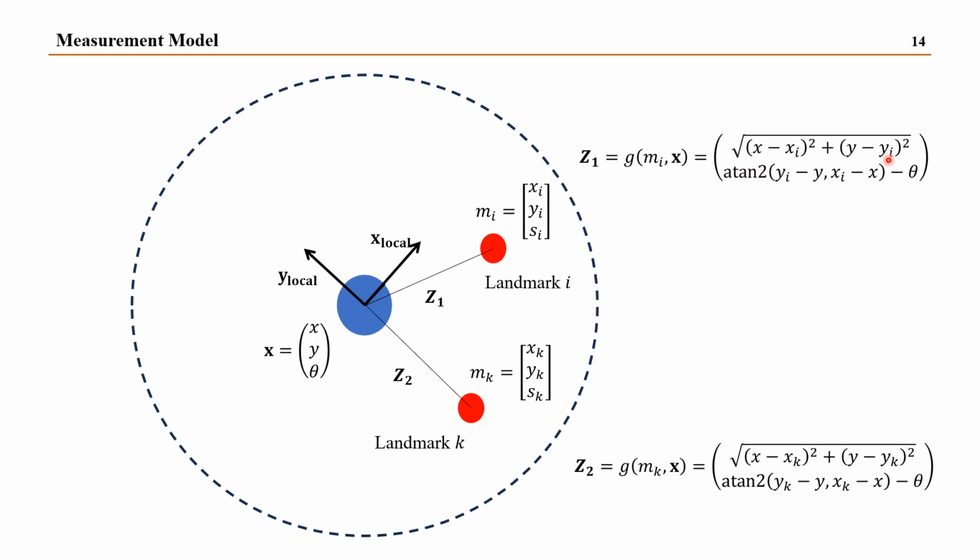Here the first component will be the distance between the robot's center and the landmark. The second component will be the angle that is represented in the robot's local frame. It will be this angle right here. The same would apply to Z2, in which we have a function of MK and the robot's state.